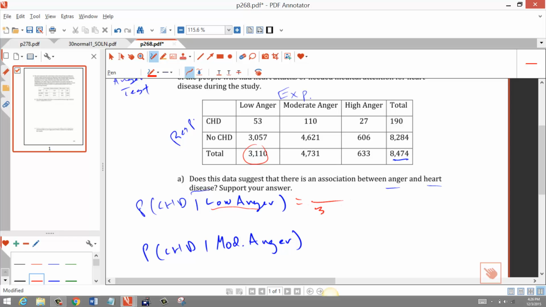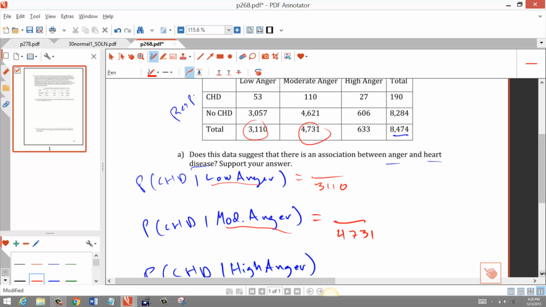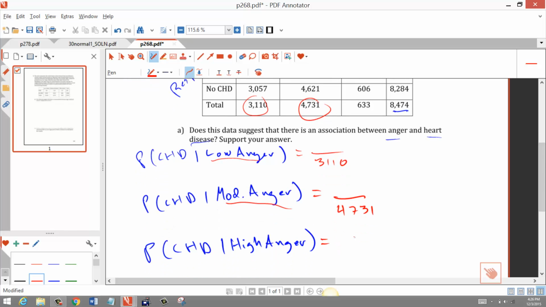That's going to be 3,110. For the moderately angry people, it's going to be 4,731. So we're saying of all these moderately angry people, how many had heart disease? And then the last part is a high anger person, and that was not a lot of people comparatively, but there were 633 of them.